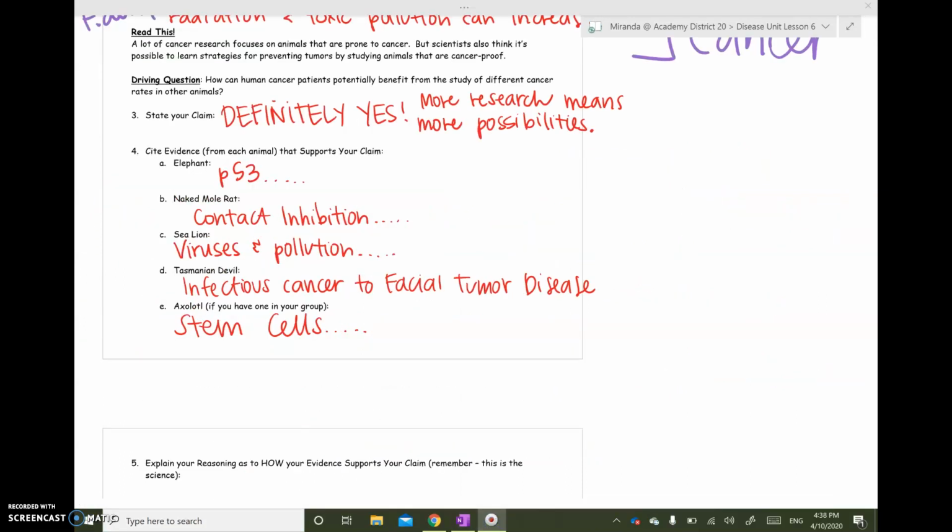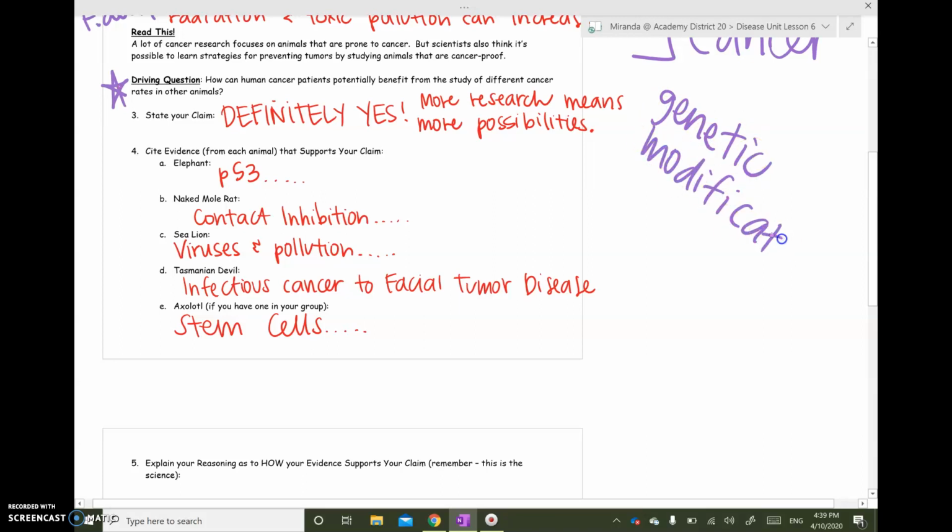And then the driving question we wanted to ask and answer is, how can human cancer patients potentially benefit from the study of different cancer rates in other animals? And so I would say definitely, yes, you should have put something about more research, more possibilities for treatment. We could use some sort of genetic modification to help bodies kind of fight it themselves.